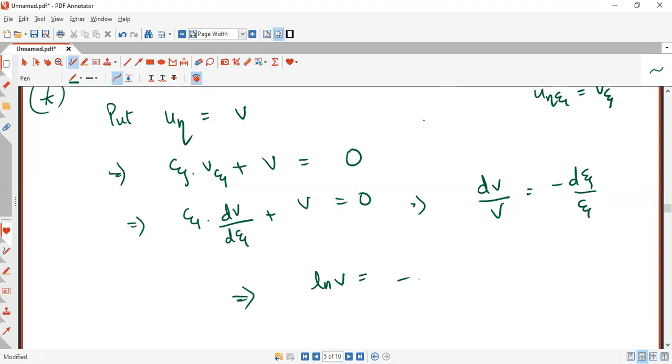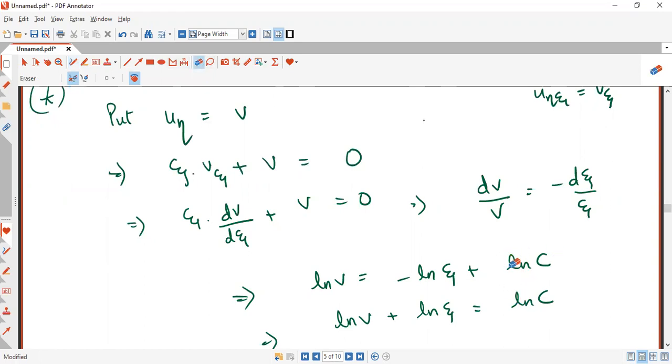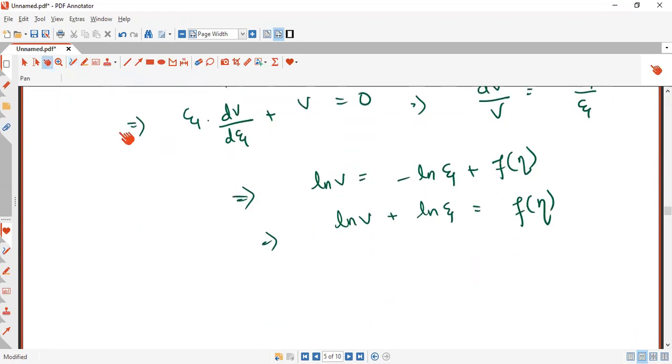Log v equals minus log xi plus log C. So can I say log v plus log xi equals log C? And what will this constant look like? Just like the previous example we have done, this log C I can write as a function of eta. So v xi is equal to f of eta.